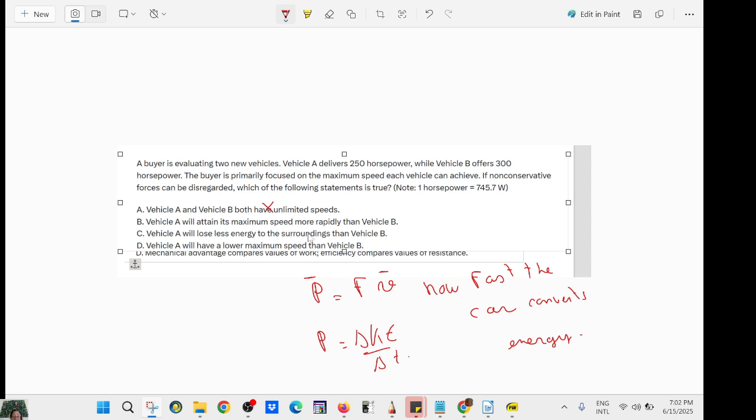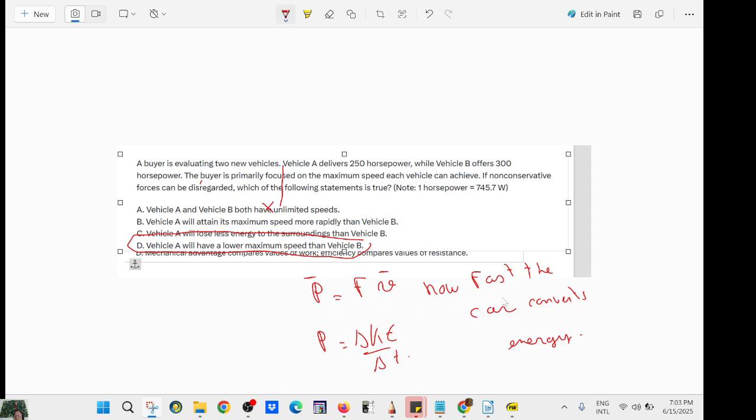So which one has more power? That will be B. B has more power. So we might go for D. Okay, so it means the one with more power will have a more maximum speed, right?